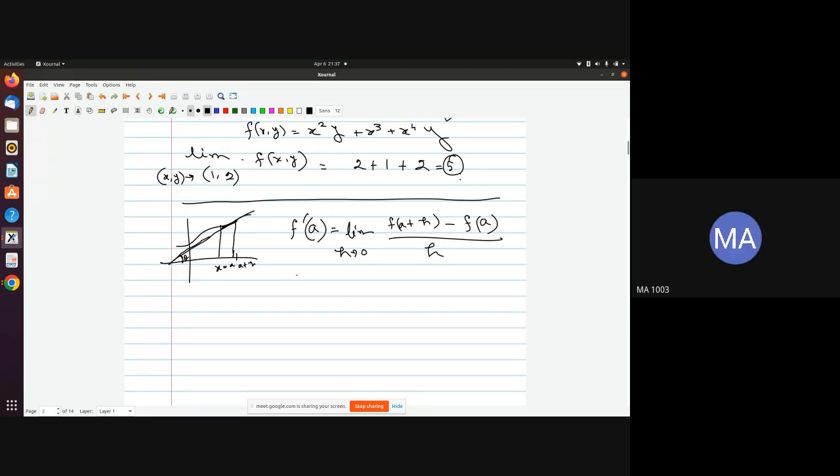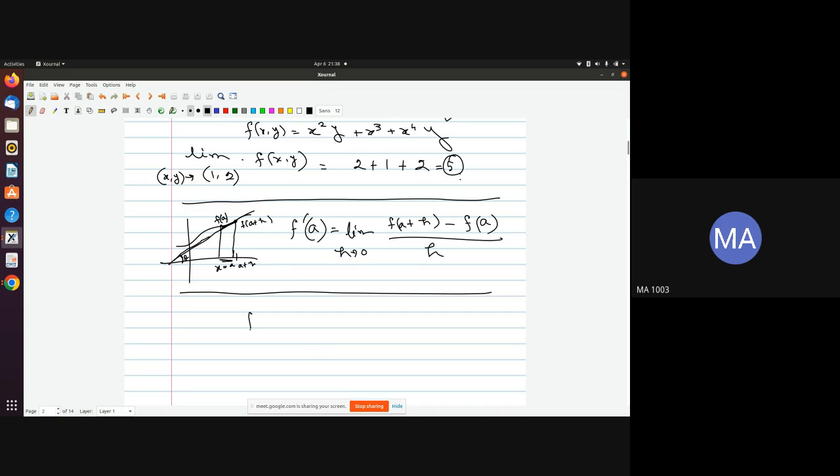That is our derivative actually: what is the increment at that point? If a plus h, this is f of a plus h, this is f of a, and what is the increment with respect to this increment in h? That is what we are doing. Correct? Okay.